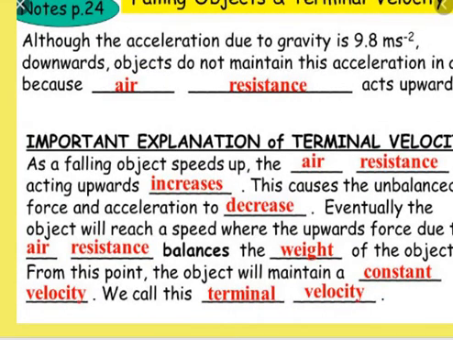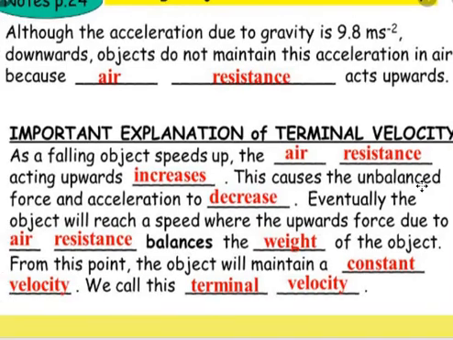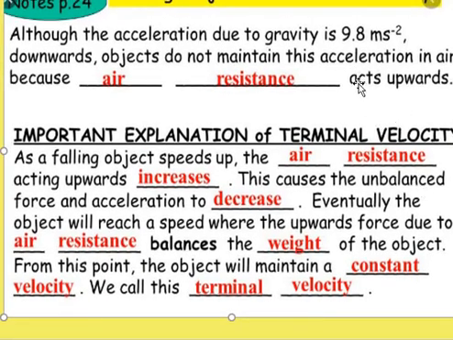So yeah, we have answers. Although acceleration is due to gravity, the downward force, objects do not maintain acceleration, so they don't continue to speed up as they fall. And the reason is that there's an upward force. That upward force is air resistance.